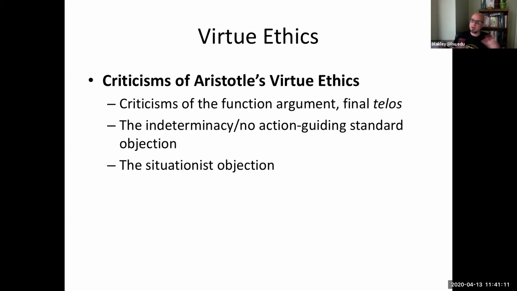So that's a lesson on the basics of Aristotle's virtue ethics. That wraps up the material for this semester. You ought to think about, again, all those points of comparison that I laid out at the beginning between these different moral theories. So are they action-based theories versus character-based theories? Are they teleological theories versus non-teleological theories?